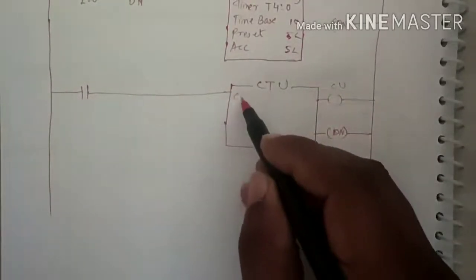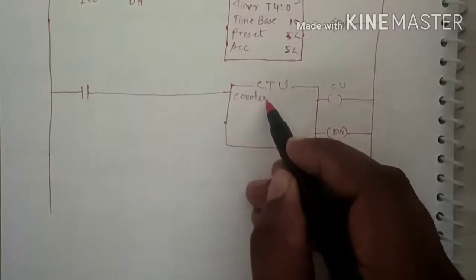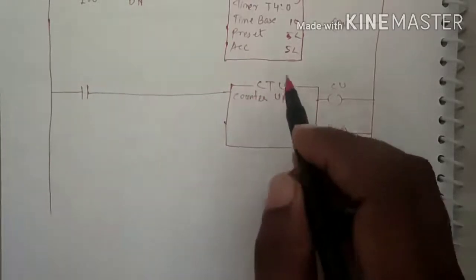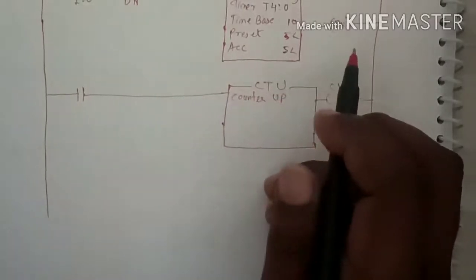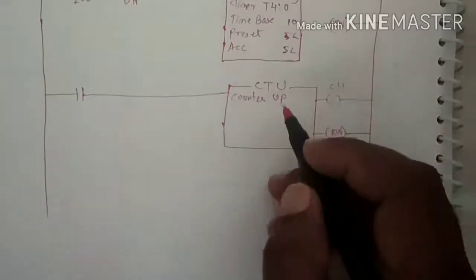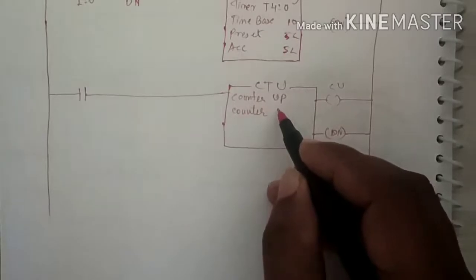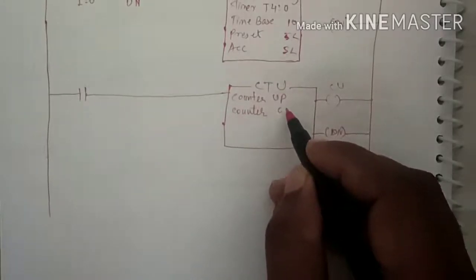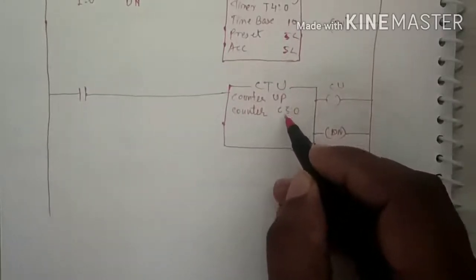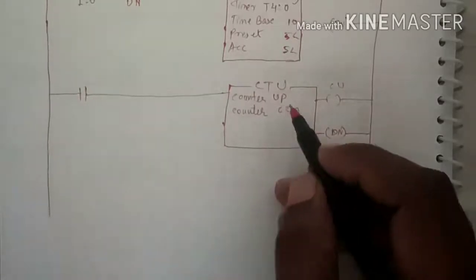So it is a counter up. Then the counter number is C5:0. It denotes the counter file number.